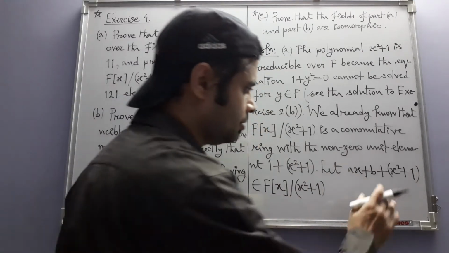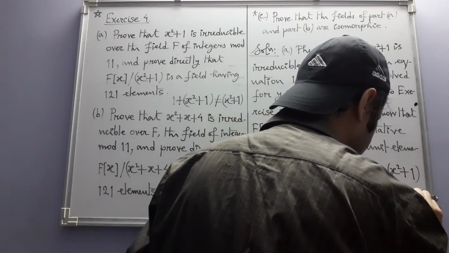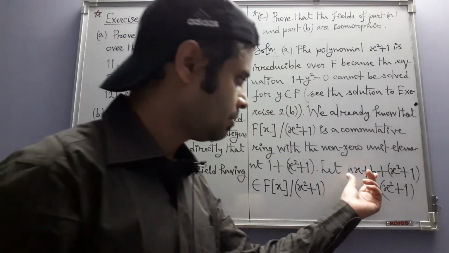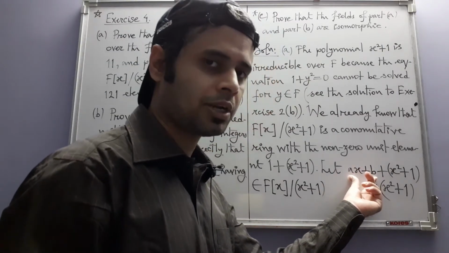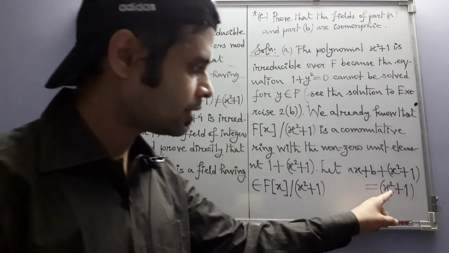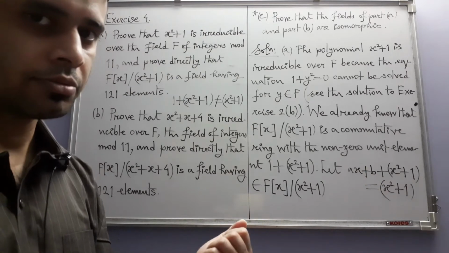You see, this is equal to the 0 element if and only if this polynomial ax plus b belongs to this ideal. Now belonging to this ideal means being a multiple of x square plus 1.